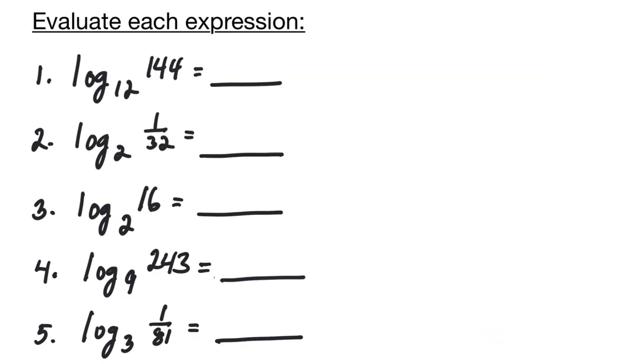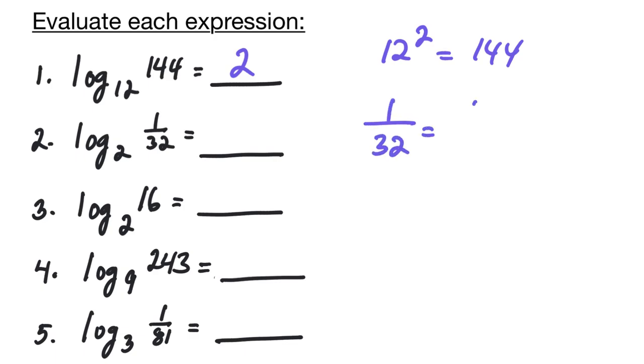Let's evaluate each expression. Log base 12 of 144, so we know that 12 squared is equal to 144. Therefore, this is going to be 2. Log base 2 of 1 over 32. Now we know 1 over 32 can be written as 2 raised to 5 in the denominator, and in exponential form, that's going to give you a negative exponent, which is negative 5.